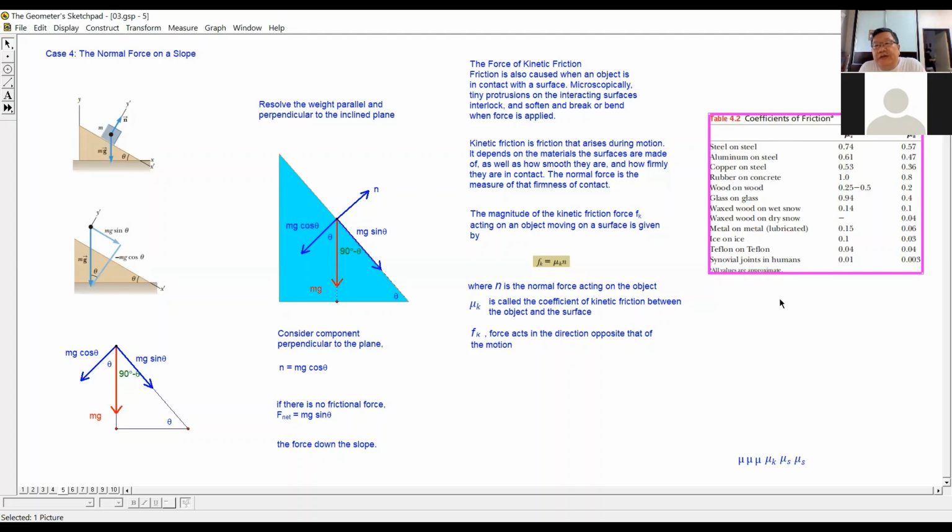So when these two surfaces are put together, the coefficient of static friction is 0.74. The coefficient of kinetic friction is 0.75.